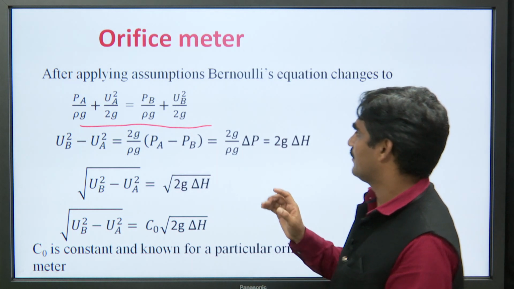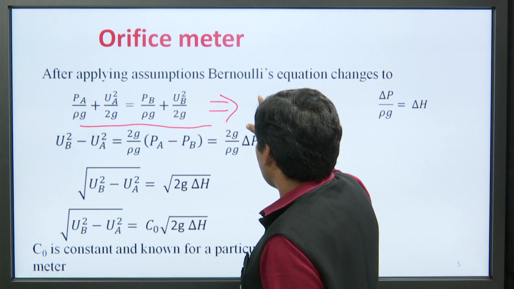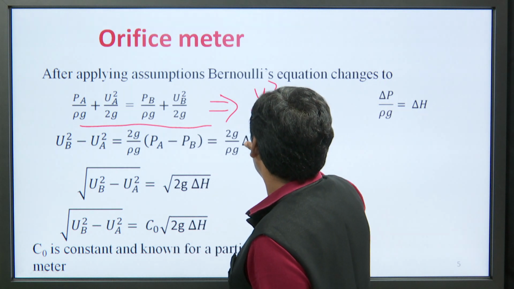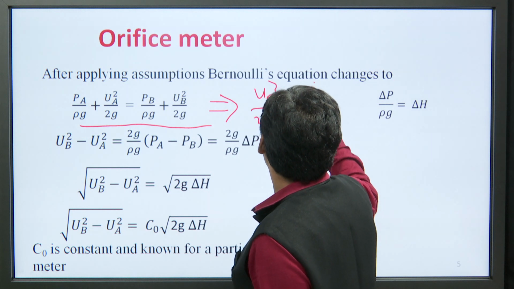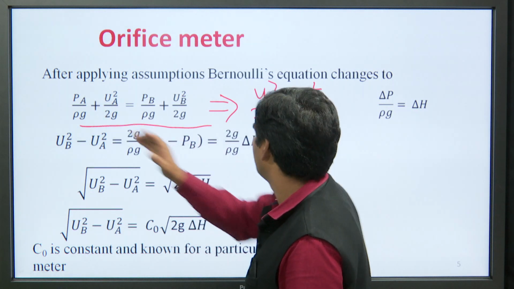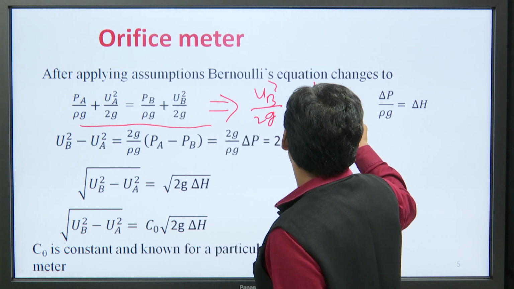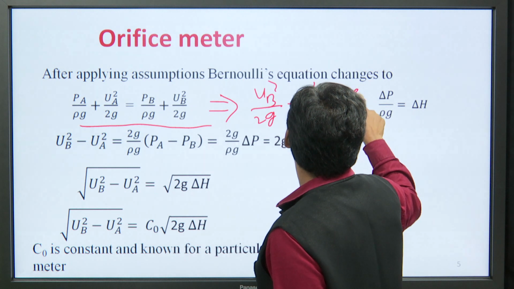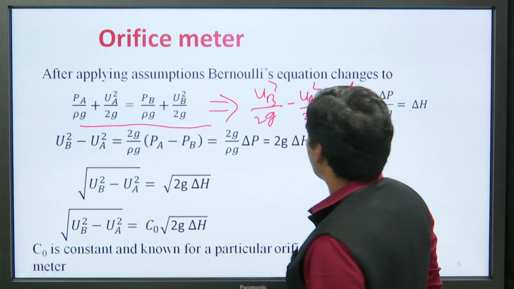Now, rearranging the equation: U B square by 2 g minus U A square by 2 g, take this to this side and this to that side, that is equal to P A by rho g minus P B by rho g.